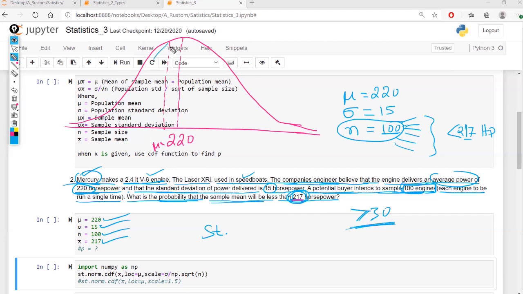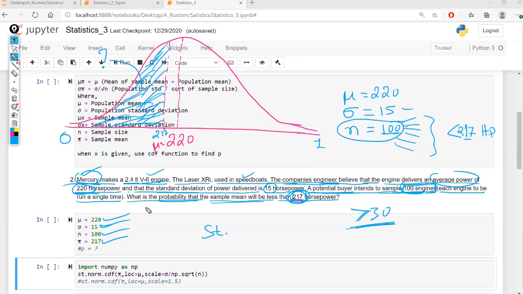Let me shade this a little bit. And I need to find the probability of this region. And standard deviation is already given. Everything is there. And we know that probability always lies between 0 and 1. So here I don't need to do the 1 minus thing because we are looking for less than 217 horsepower.